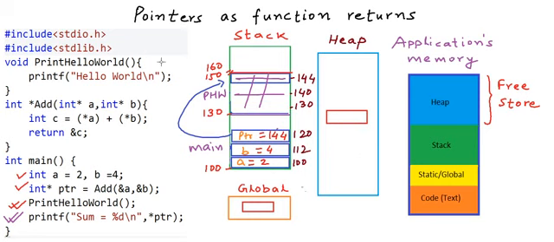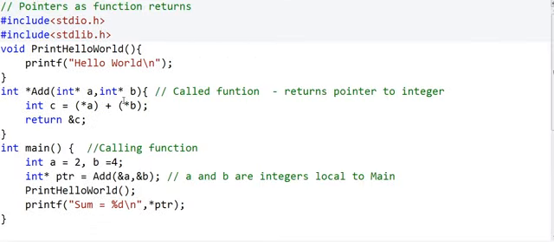I can use malloc or new operator in C++ to get some memory on heap. So if I modify my code something like this, I will declare this C as a pointer to integer and get some space allocated on the heap using a call to malloc. Now malloc is a library function that returns pointer, but it returns pointer to an address which is on the heap.